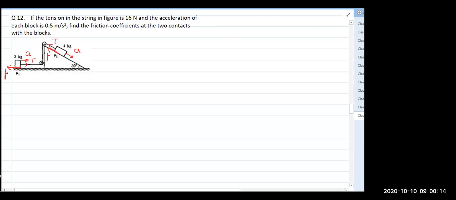Okay, and then we have normal in this direction, we have normal here. Okay, normal N1, suppose normal N2. So now we will write the equation for the 2 kg block. Suppose we call this F2, this is F1.